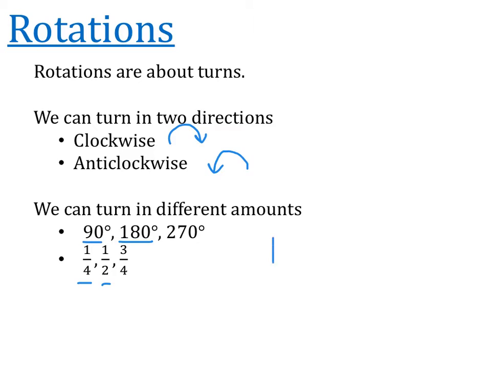So 90 degrees, if you think about that, is a right angle. So this is a quarter as well. If you think about a whole circle going all the way around, 90 degrees is 1/4. So all of these things mean the same, and hopefully that makes sense, but we'll see how this works in an actual example.